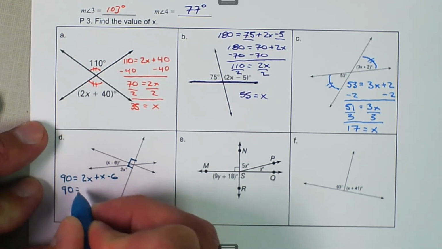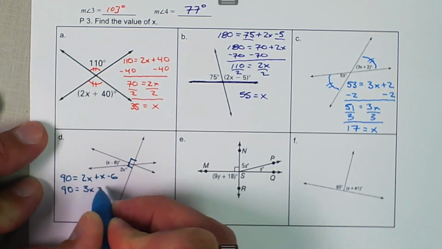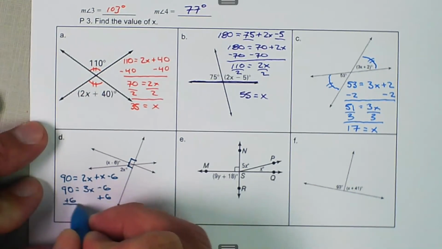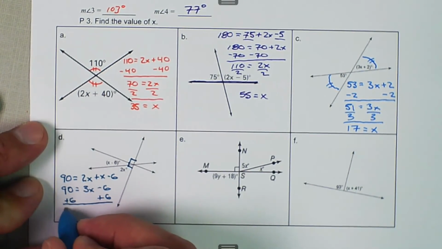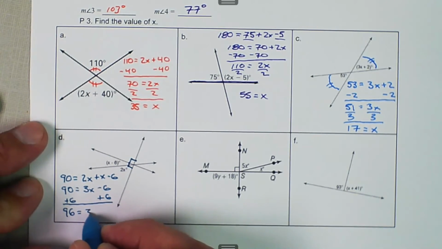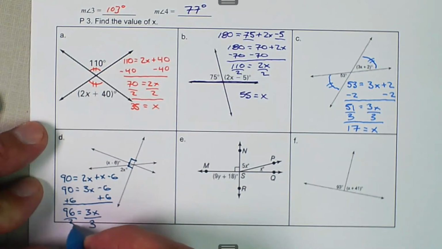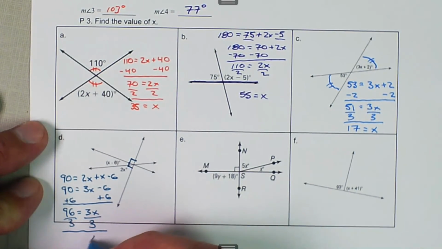So 90 is equal to 3x minus 6. Add 6 to both sides, and we get 96 is equal to 3x. Divide by 3, divide by 3, and we get x is equal to 32.